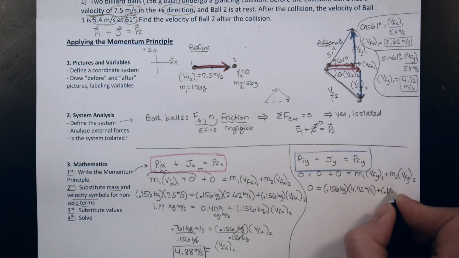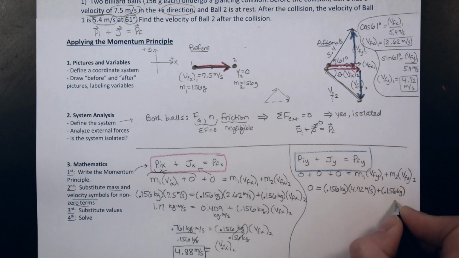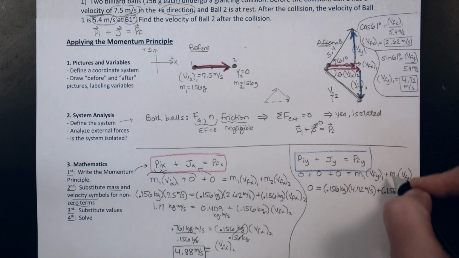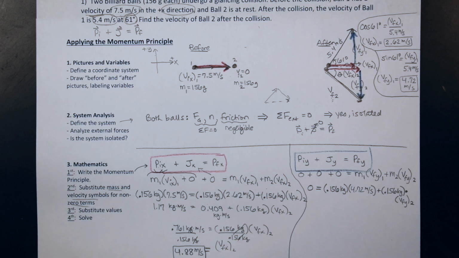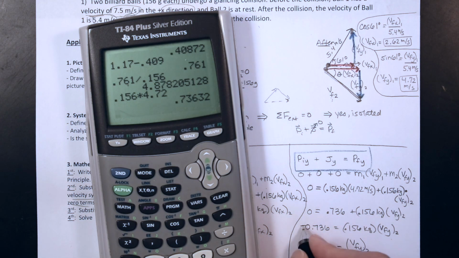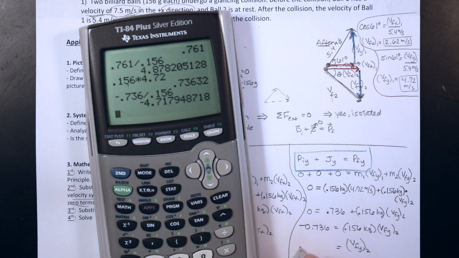Same mass for ball 2, and the velocity of ball 2 afterwards we don't know, so it's just a variable. Okay, and now go ahead and do the math, and we get negative 4.72 meters per second.